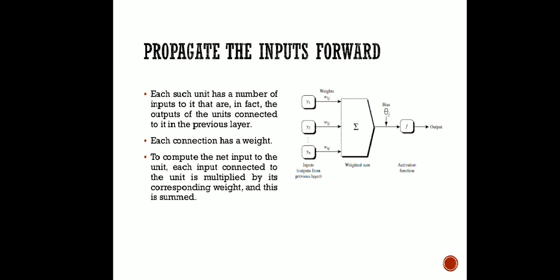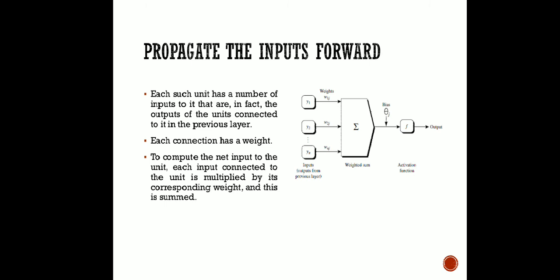Now each such unit has a number of inputs to it that are in fact the outputs of the units connected to it in the previous layer. So as the number of hidden layers increases, the output of a previous layer will be considered as the input of its own, right? For the hidden layers, my input will be whatever I am getting from my previous layer.